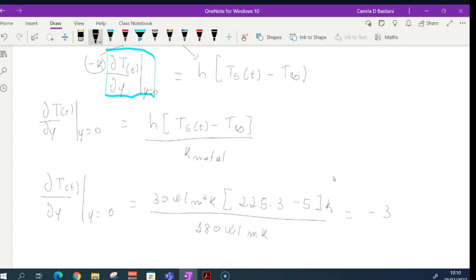So my temperature gradient is going to be minus 36.7 kelvins per meter. How my temperature is changing as a function of my distance.